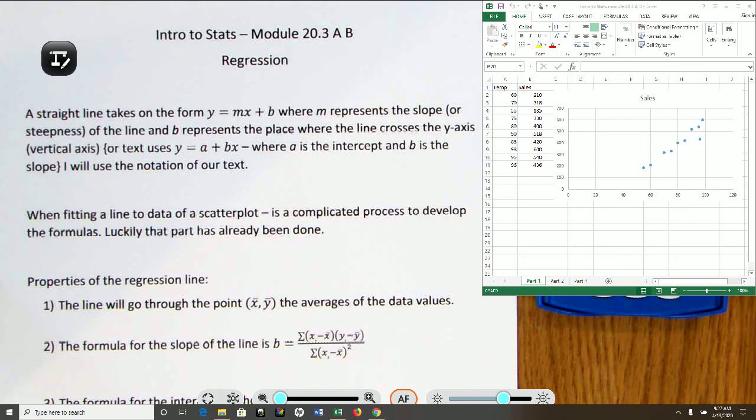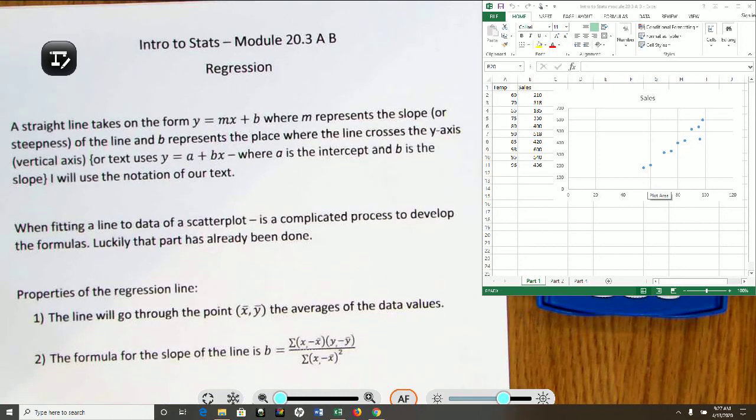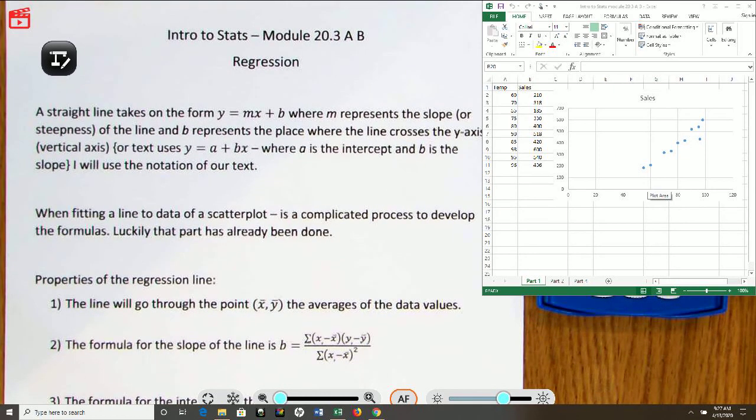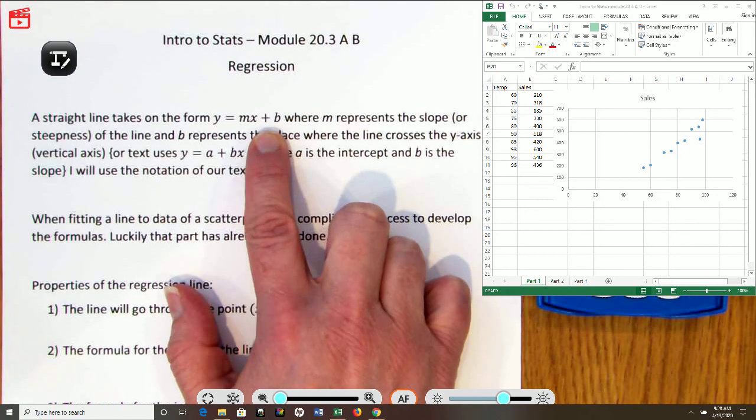So the first thing we're going to do is actually find that straight line. I do want to remind us of a few things from high school, not that it's going to matter a whole lot because we're going to let Excel do most of the work for us. A straight line looks like this: y equals mx plus b.